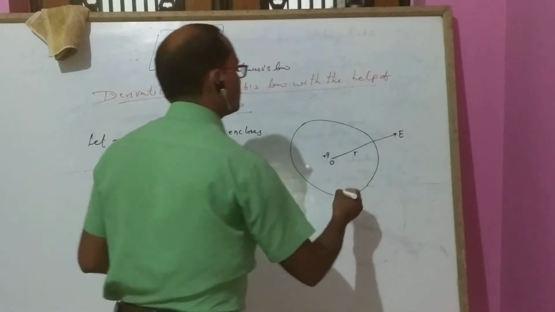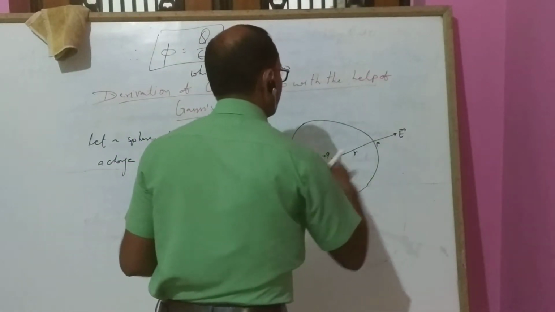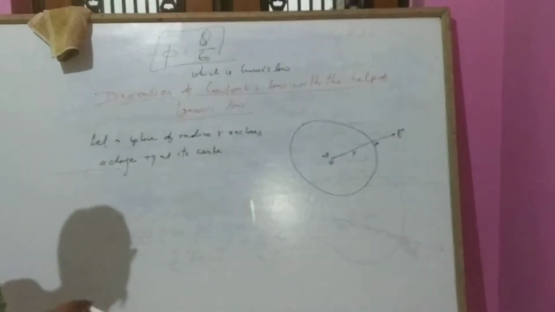The direction of electric field at point P due to this charge will be radially outward.